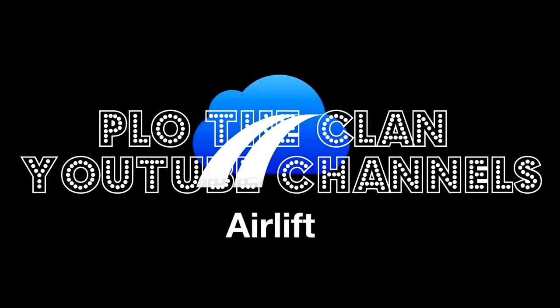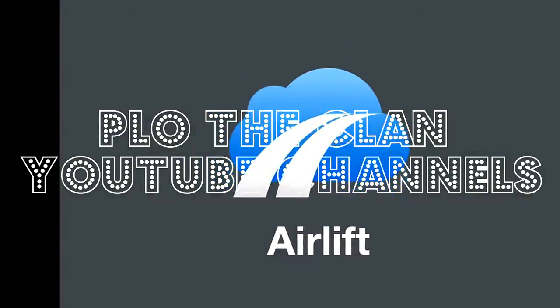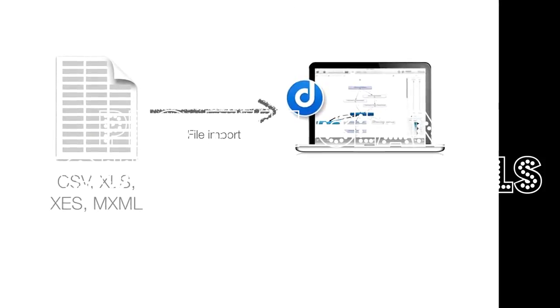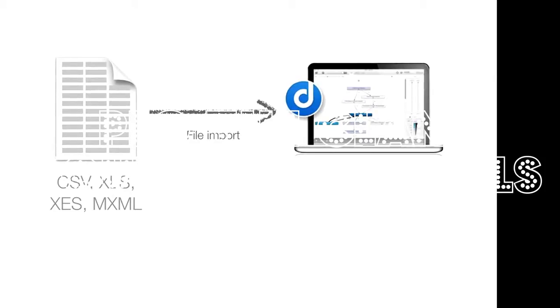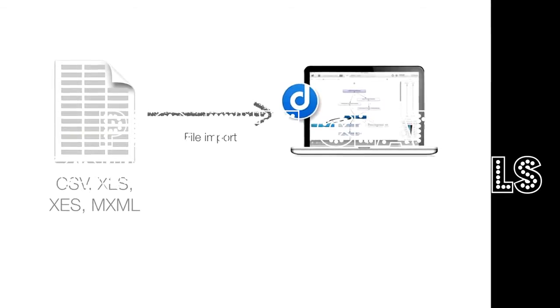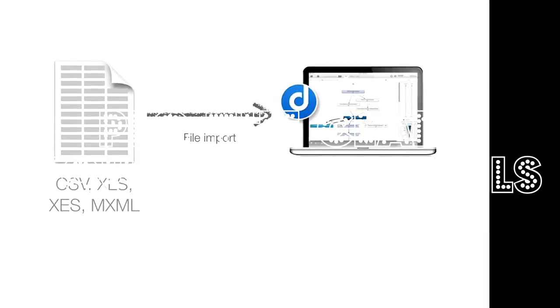Now, the third feature I want to show you is Airlift, and Airlift is about how to get data into Disco in the first place. Well, the current and also the most flexible way to get data into any process mining tool is the CSV or file-based import. Disco imports a couple of formats as shown here, but especially the CSV import is the most flexible and best way to get data into Disco from any kind of system, because you can export CSV from any system.